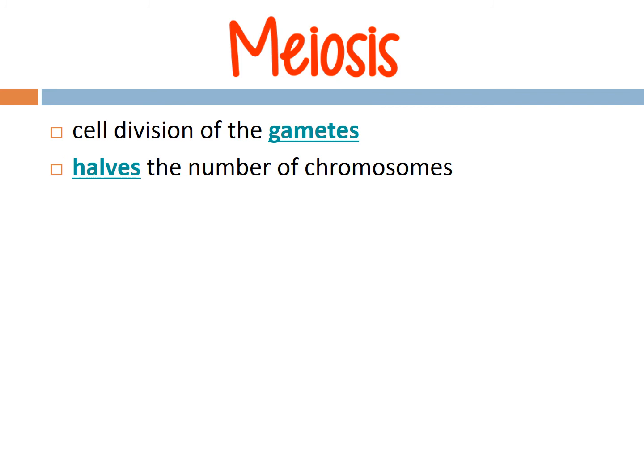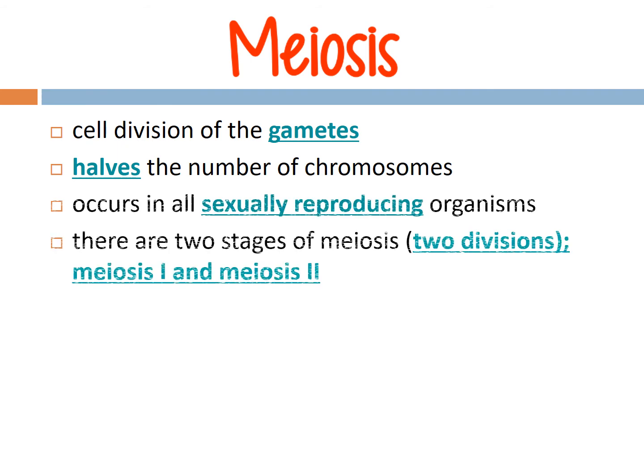All right, so we are almost done. We've talked about mitosis. Now let's go into detail on meiosis. And you're going to see that it's pretty similar with the exception of a few things. It's the cell division of gametes, and it's going to have half the number of chromosomes. It takes your number and puts it in half.